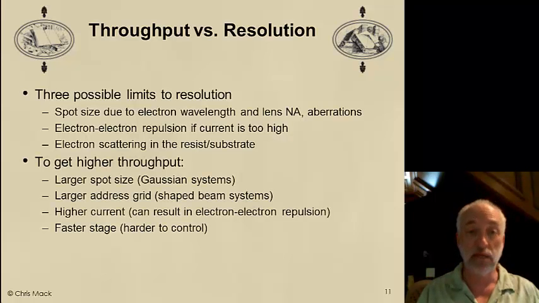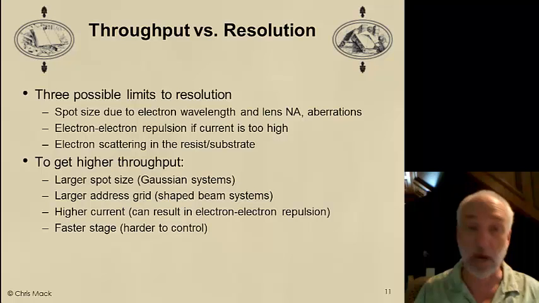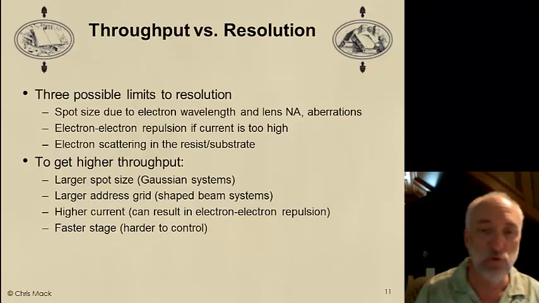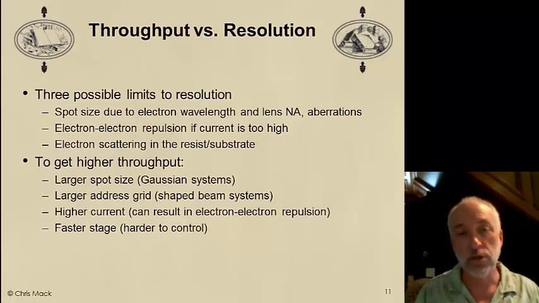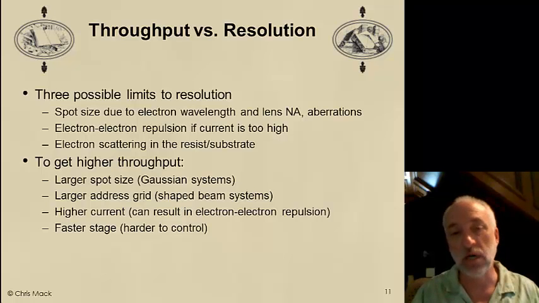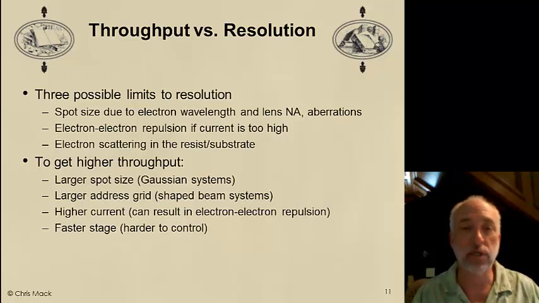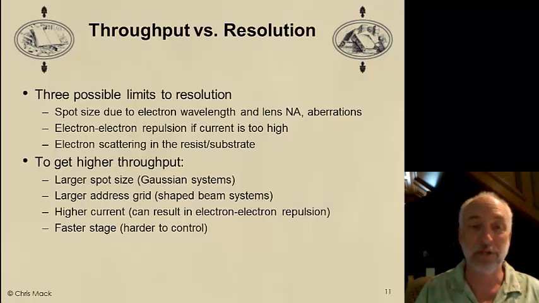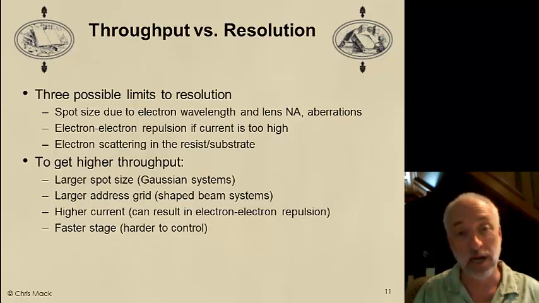Throughput, on the other hand, is a function of the size of the spot, if we have a Gaussian system, the size of the address grid, that is how finely we can move the stage, and change the size or the shapes of the rectangles in our shaped beam system. Also, we can get higher throughput if we use a higher current. Well, you can already see some of the trade-offs here. A larger spot size is going to cause a lower resolution, even though it causes a higher throughput.